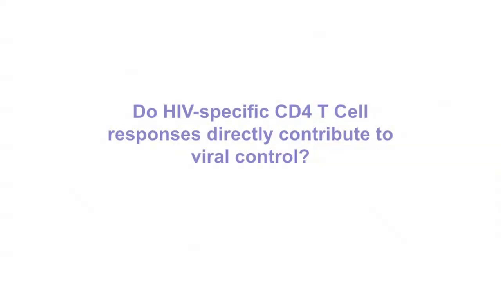We have CD4 helper cells that have the ability to degranulate and kill, what has been associated with natural killer cells or CD8 T cells. So we wondered whether CD4 T cells are directly involved in controlling viral replication through a killing mechanism.